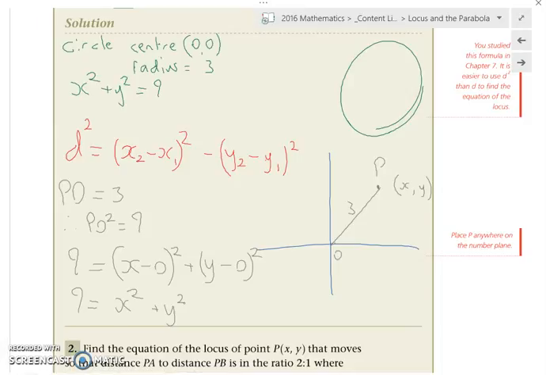All I've done is put my coordinates in there as well. So O is at 0, 0. So I've got my x2, y2, and my x1, y1. That's my distance, 3, and that's distance squared. So I've just substituted into that formula. Cool.